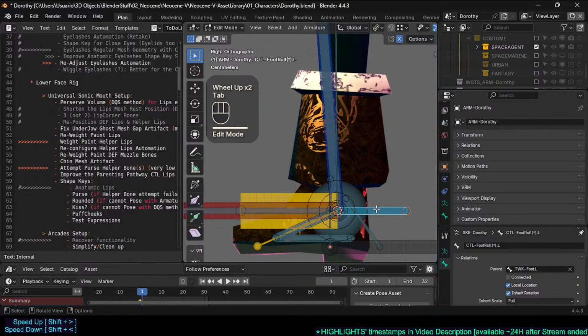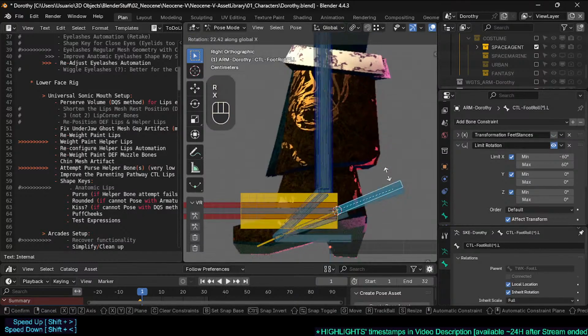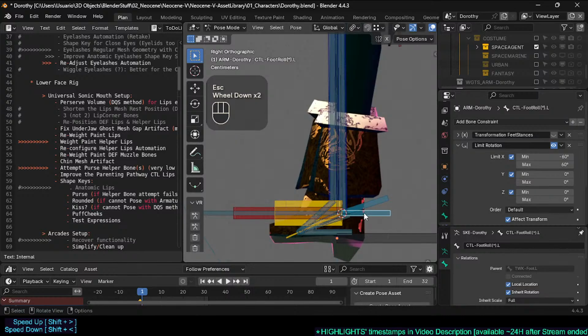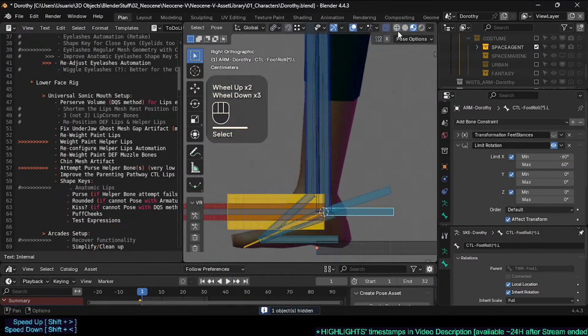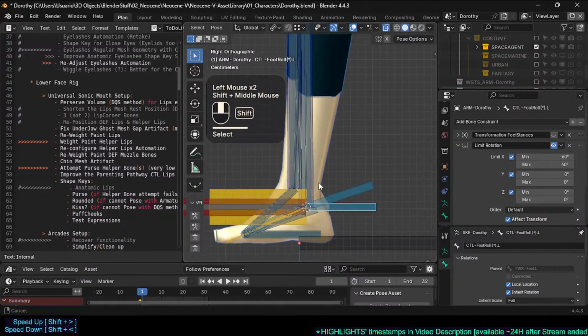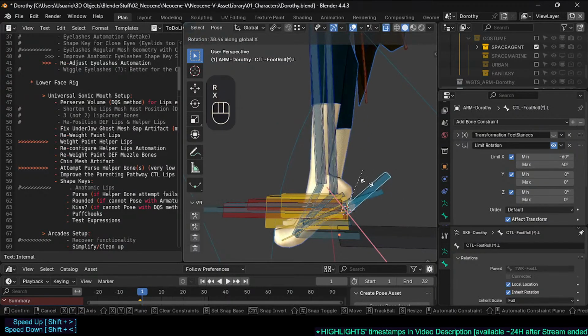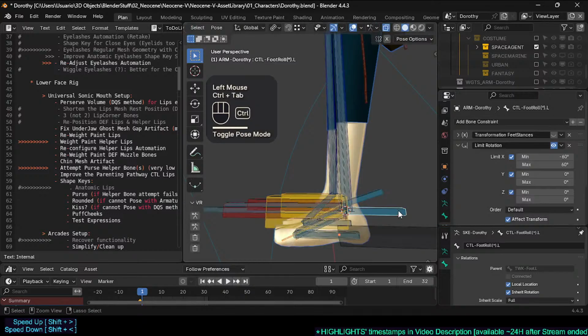Ignore the boots, but just see the left foot here, which is flat foot. So this is the normal stance of the feet, and this setup works.